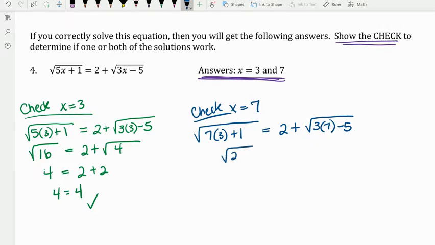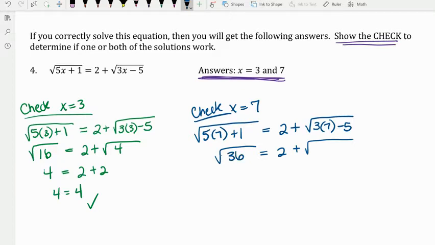That's radical 22. And then we've got 2 plus square root of 21 minus 5. That is, oops, I did that wrong, didn't I? I did the left side wrong. Sorry, guys. We actually want 5 times 7. There we go. So that's 35 plus 1, that's 36.